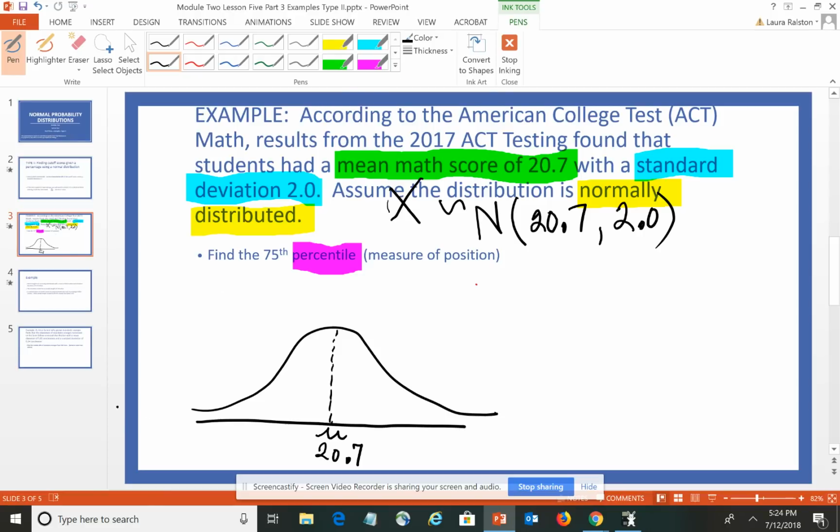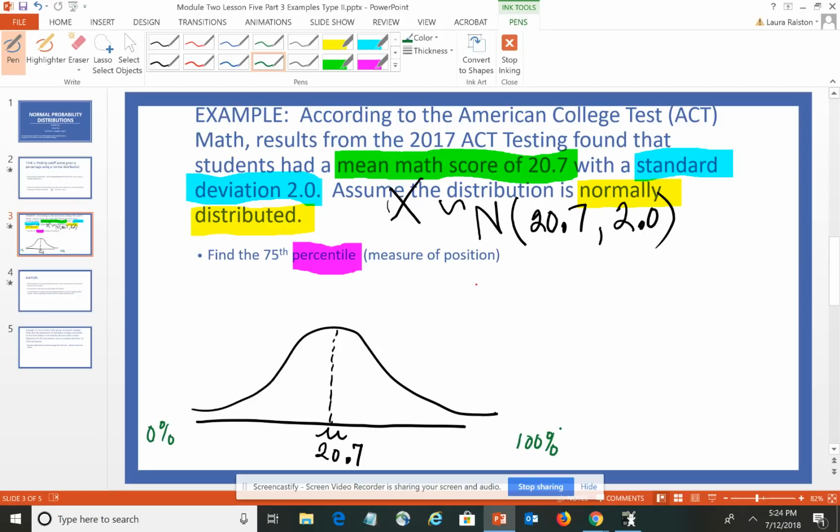If you start on the left of the distribution, you're way over here at about 0%, and all the way to the right, you would be at 100%.